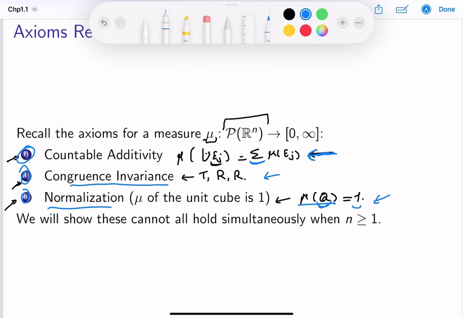So what do we do? What can we do? Well, there's a natural thing to do, which is we ignore all the sets that cause trouble.